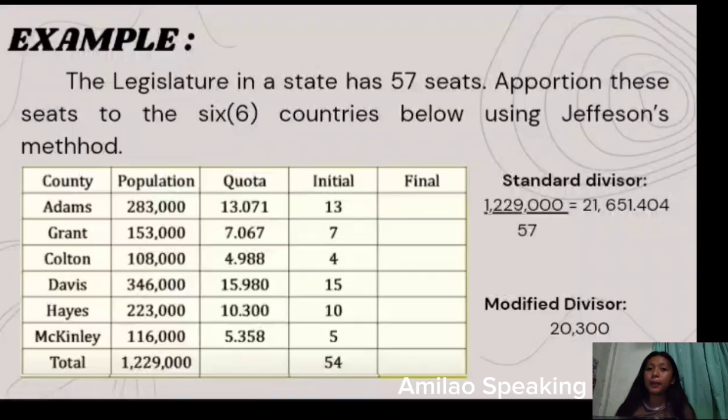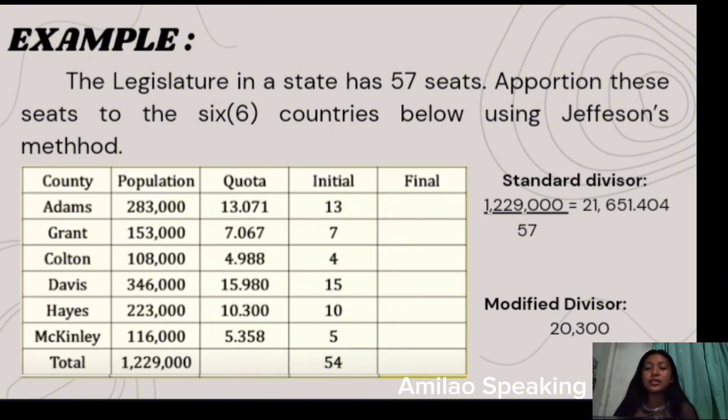Population divided by 20,300 is 13.941. And Grant has a population of 153,000 divided by 20,300 is 7.537. As for Colton, 108,000 divided by 20,300 is 5.320.